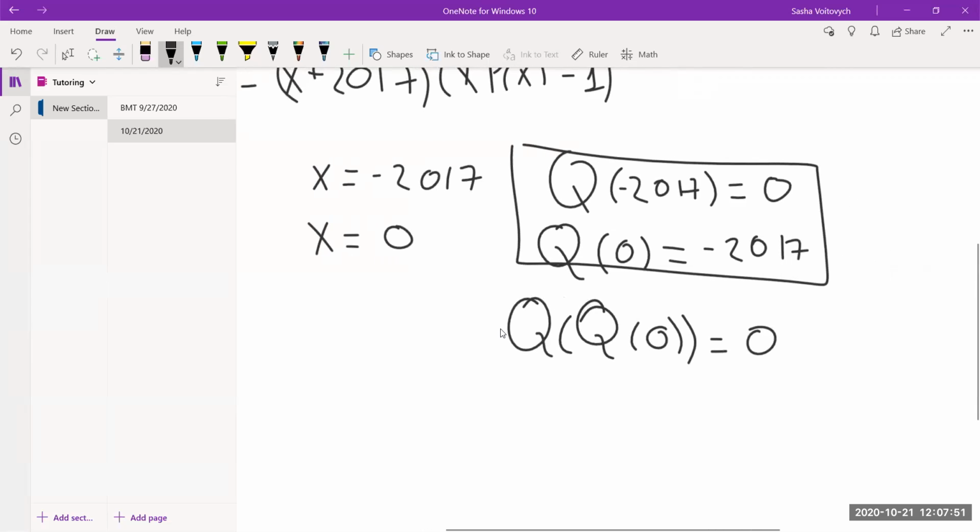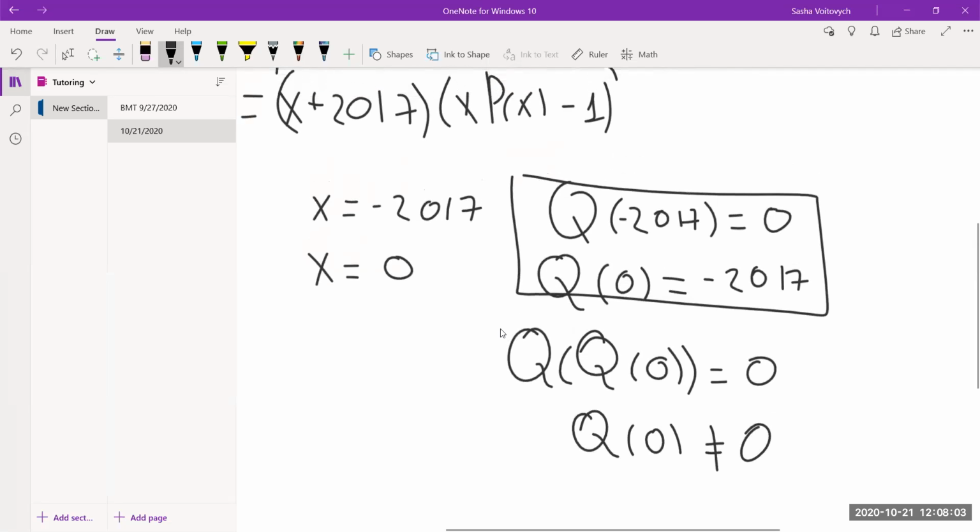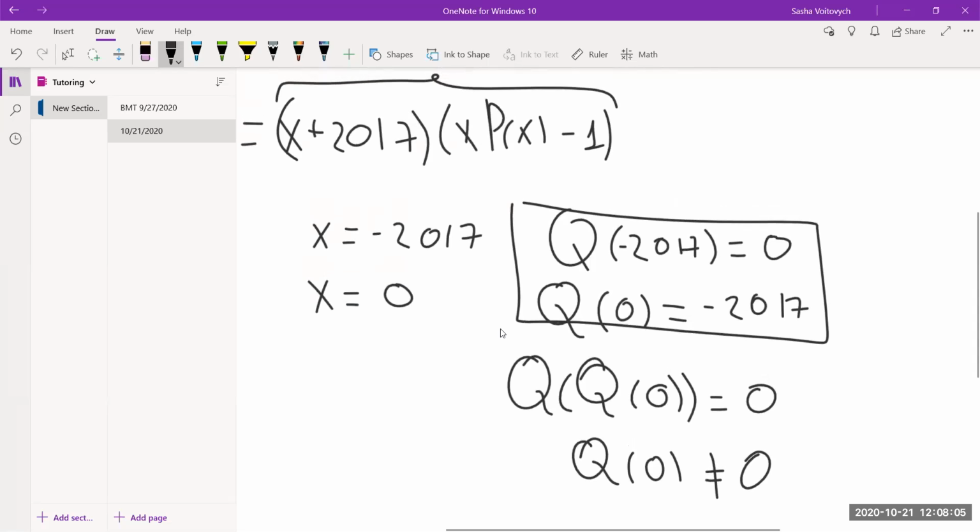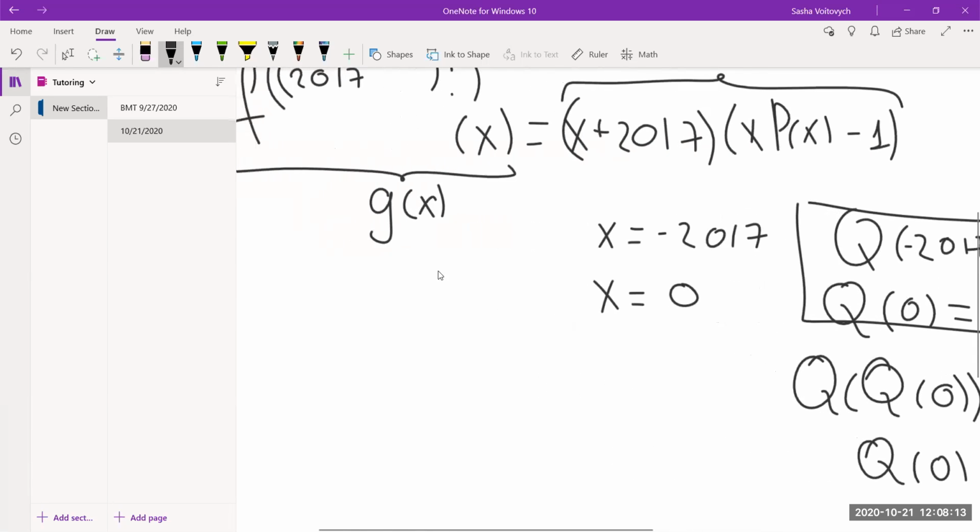Okay, and we will also need the following fact, that Q of 0 itself is not equal to 0. This is all the information that we will need from the right-hand side. Spoiler. Now we'll move on and see what it means for the left-hand side.